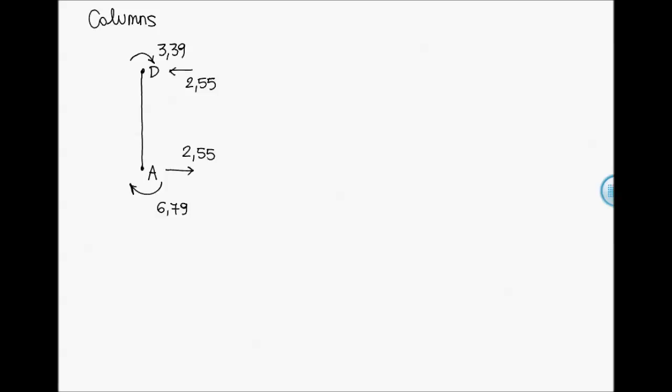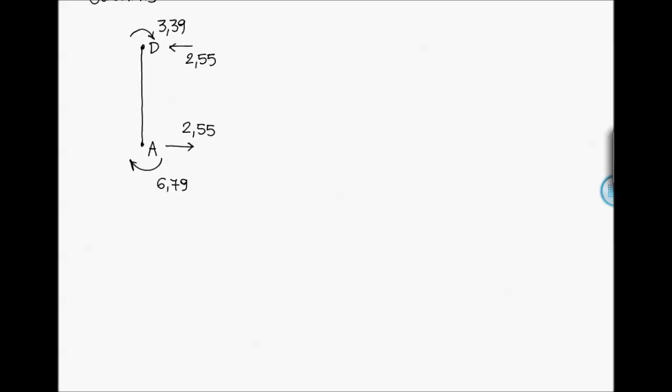So let's now consider the column AG. We have a bending moment here on A equal to 6.12 and a zero bending moment in G where we have the support.